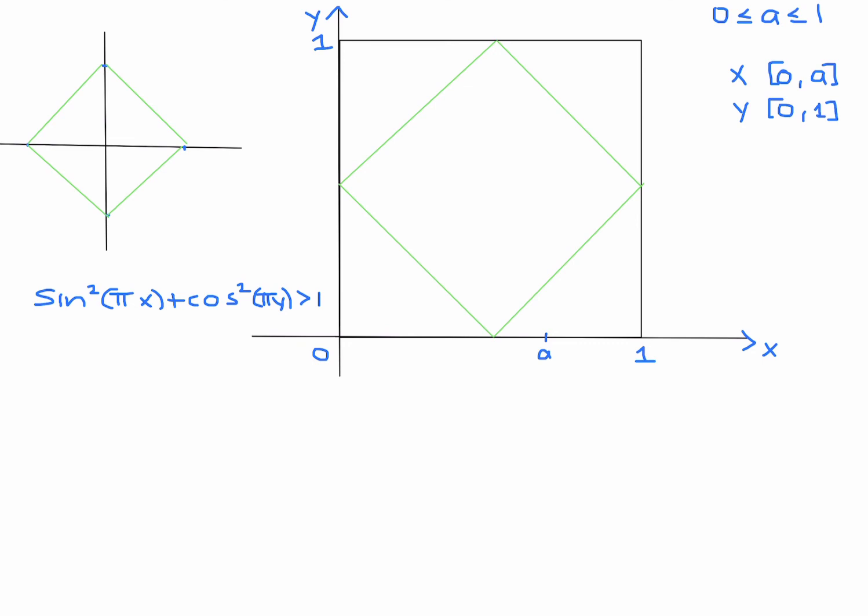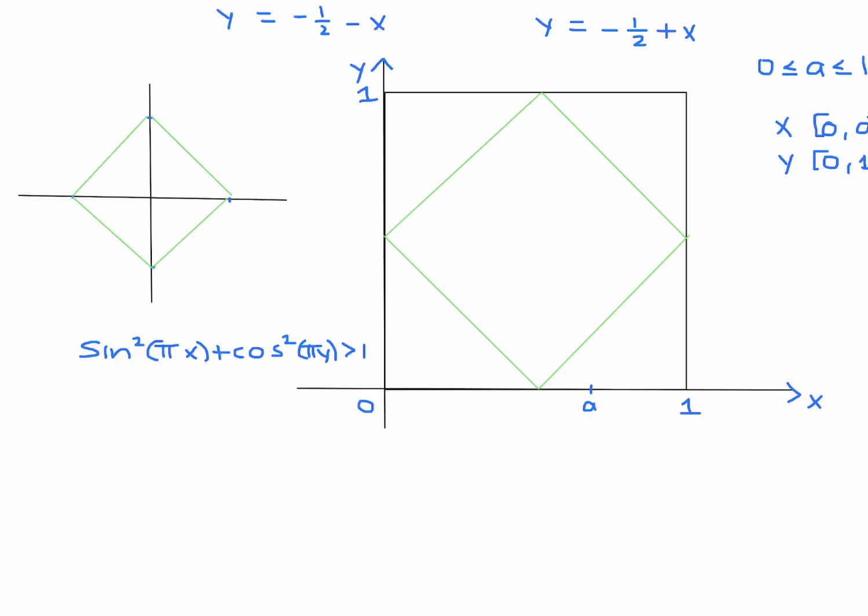Let's test it out, because either it's inside or outside, right? So let's just test out some point inside this. I'll just say that x is a quarter, and then y is 0. And let's see what happens to this equation. When we have x equal to a quarter, it's going to be the sine squared of 180 divided by 4, which is 45, and then y is 0, so cos squared is of 0.